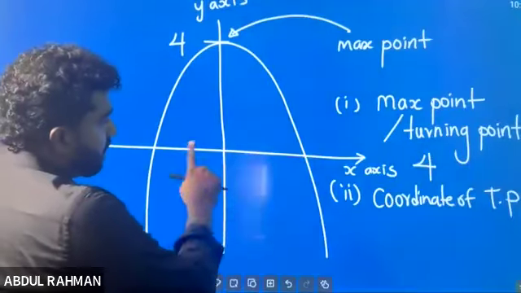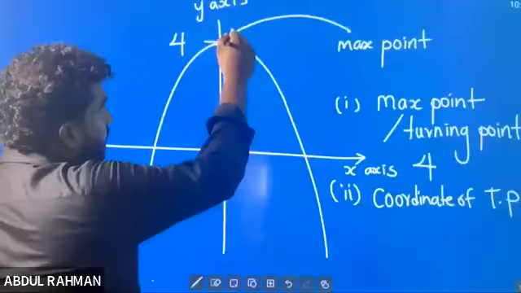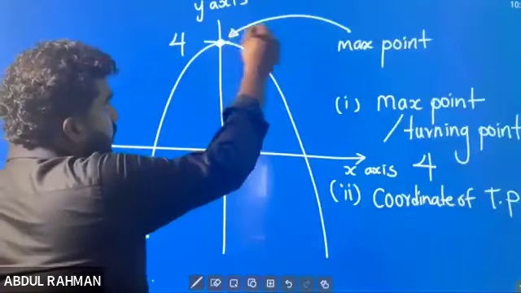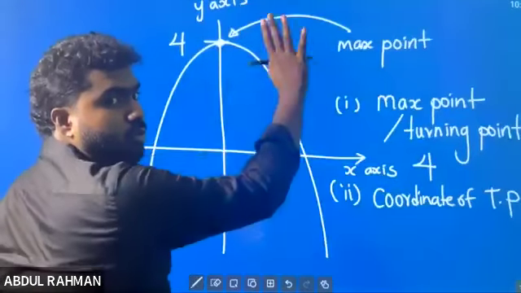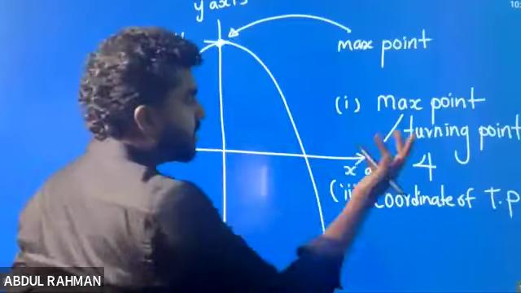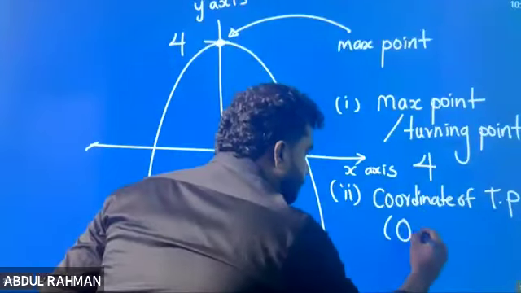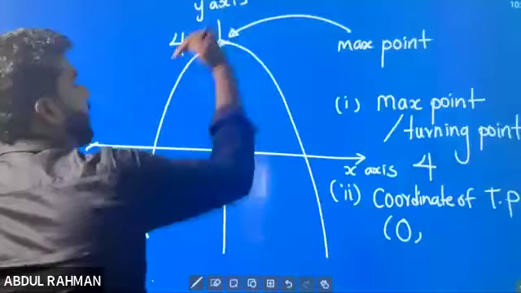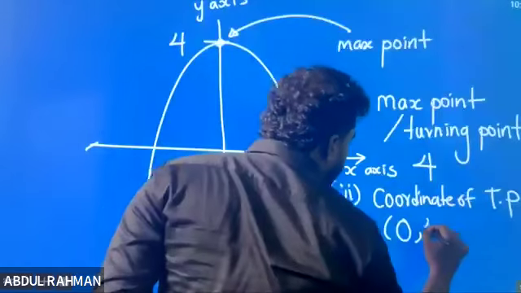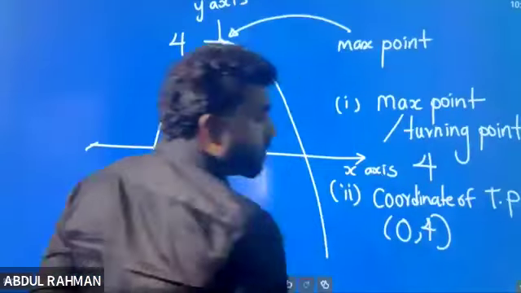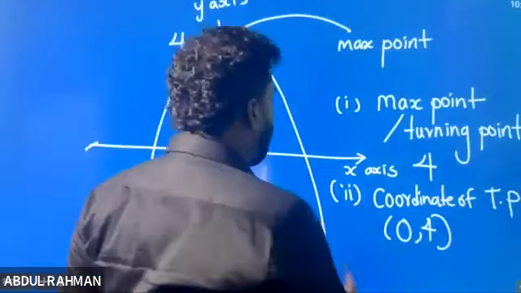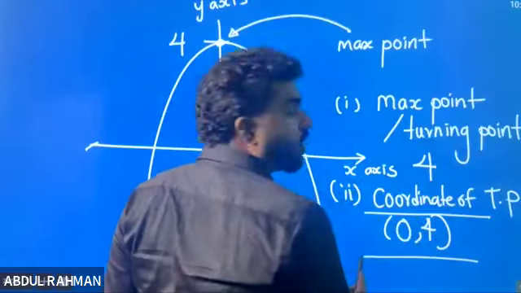Have I moved anywhere? I wanted the coordinate of this point. Has this point moved anywhere in the x direction? No, it has not moved in the x direction. That means x value is what? 0. What is the y value? It has gone up and it is here. 4 is my answer. So remember, if they give the word coordinate, you should write the coordinate.